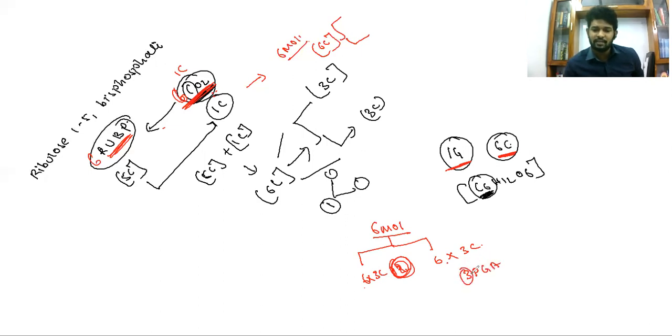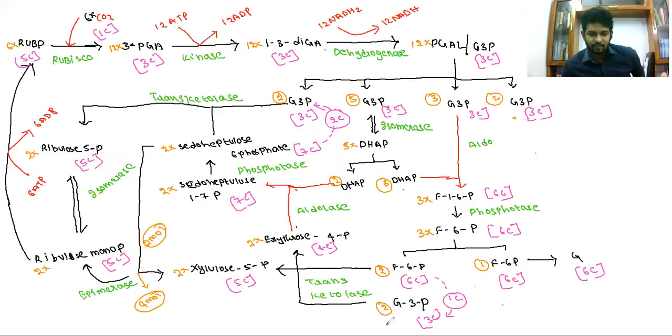Don't be confused, the 3 means the position of the phosphate. So 6 molecules of RuBP combined with 6 carbon dioxide give 12 molecules of 3-phosphoglyceric acid, a 3-carbon compound, whereas RuBP is a 5-carbon compound and carbon dioxide is a 1-carbon compound.